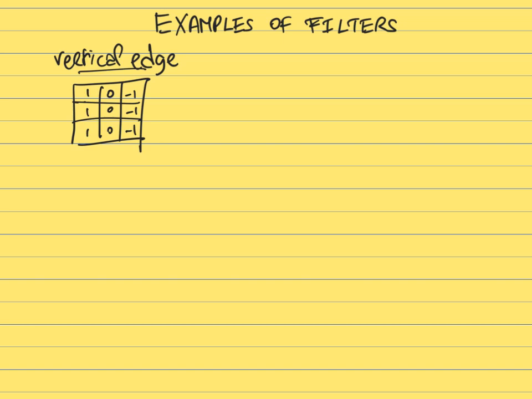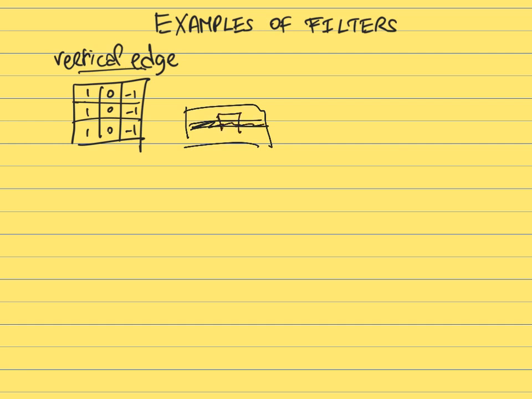Then if you want to do now the same thing, but to detect not vertical edges, but horizontal edges. If you apply this filter to a picture where you have a crack that is not vertical but horizontal, this filter will not work in this case, because it is only going to give you a non-zero value when the pixels on the left are different from the pixels on the right, which would not be the case if you have an image like this with a crack like this in the middle.